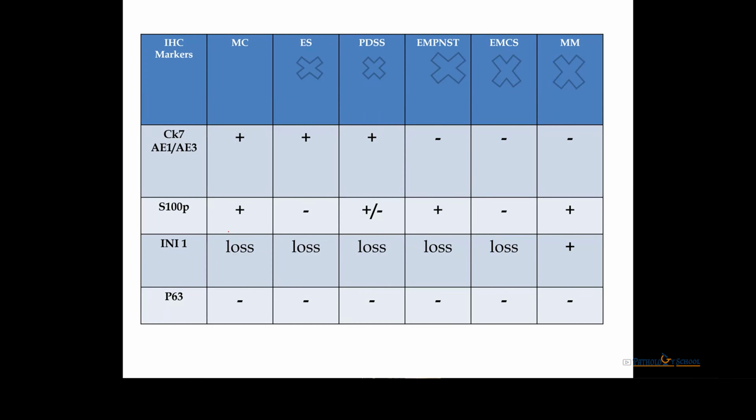Then we did INI1. In myoepithelial carcinoma, 40% of the cases will show loss of INI1. P63 was non-contributory in our case and didn't help in our diagnosis. So considering the histomorphology and the IHC markers, we rendered the diagnosis of myoepithelial carcinoma over the rest of the differential diagnoses.